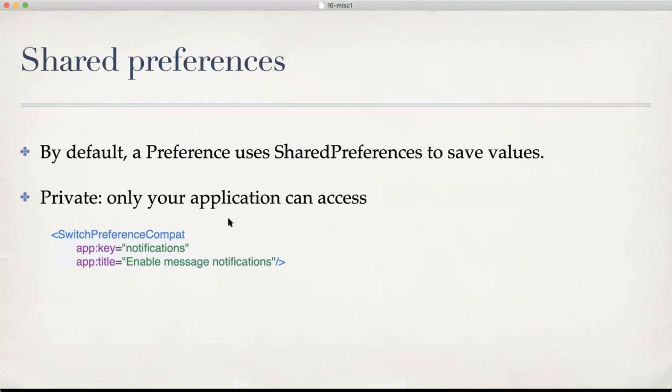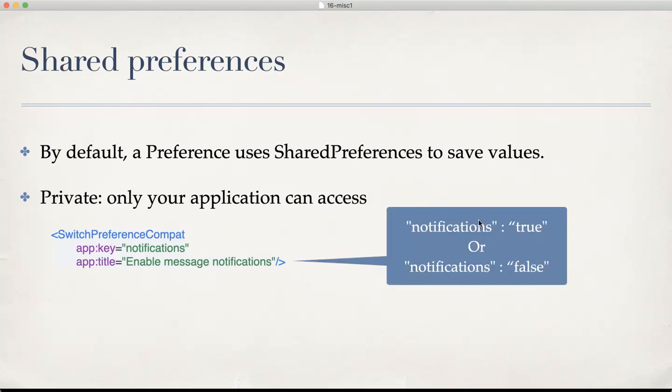Since it's a switch preference, clicking on that basically puts a boolean whose key is notifications, the same key as this one, and the value true or false based on what is clicked, in your private shared preferences for this particular app.